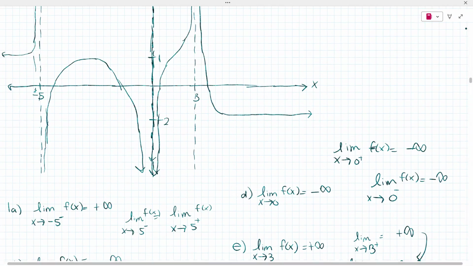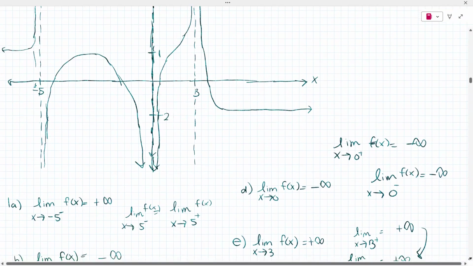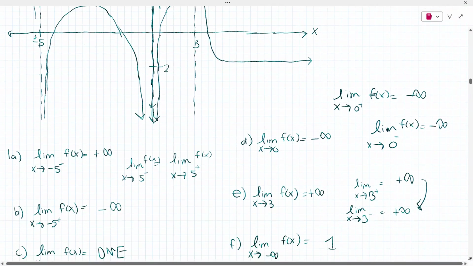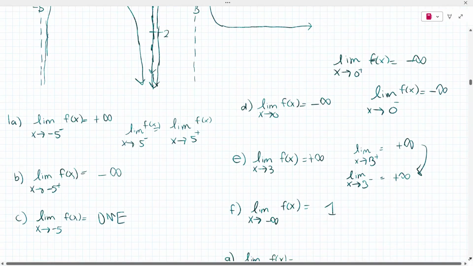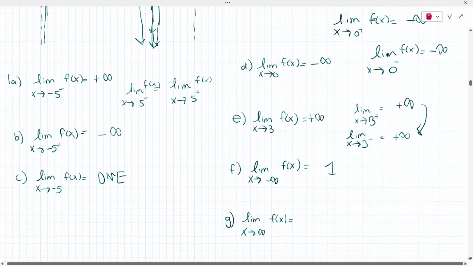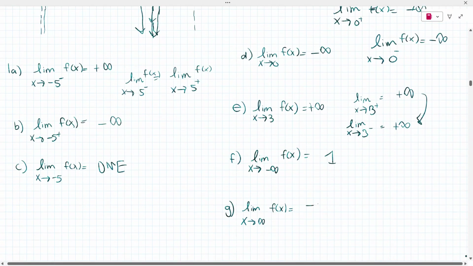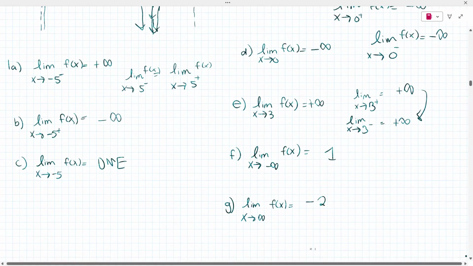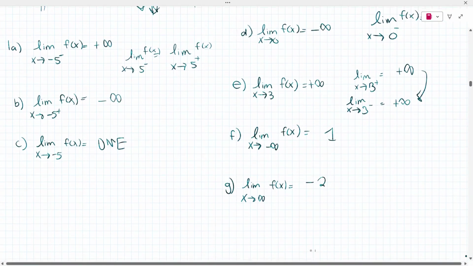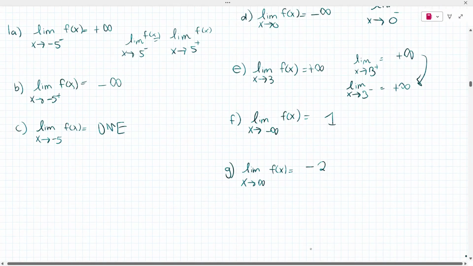As you can see, as the x value increases, the y value gets really close to -2. So it's going to be -2. Let's move on.